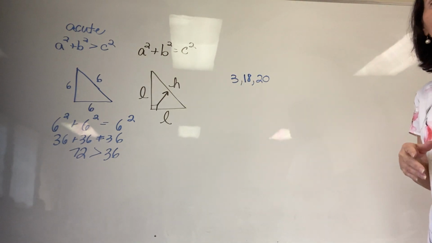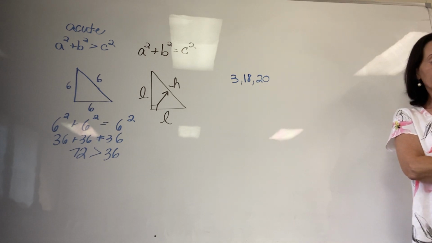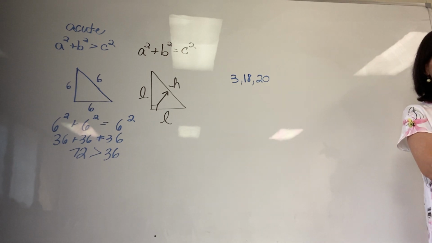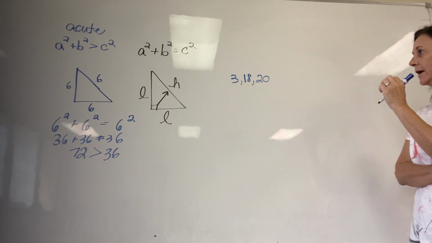I have to make sure it makes a triangle. Here's something you'll learn later. The sum of any two sides has to be greater than the third in order for it to actually be a triangle and the endpoints meet, okay?